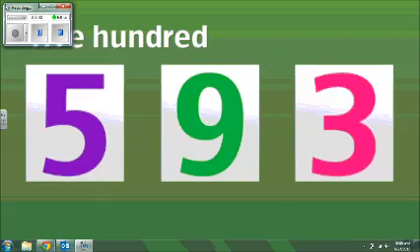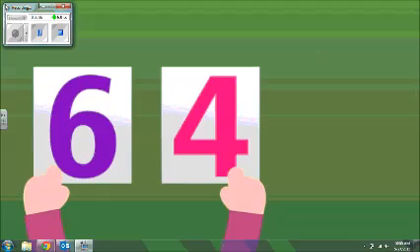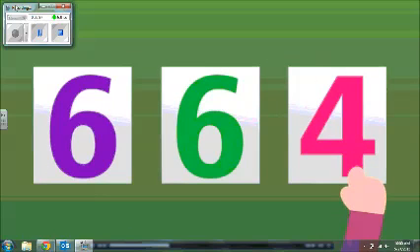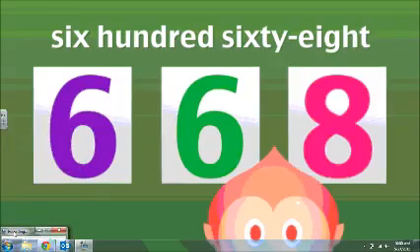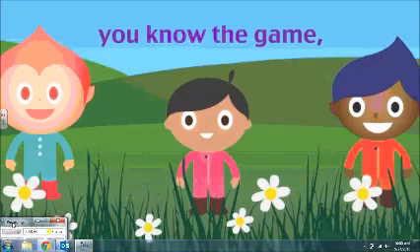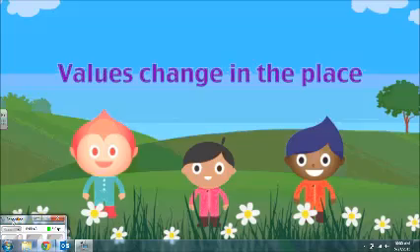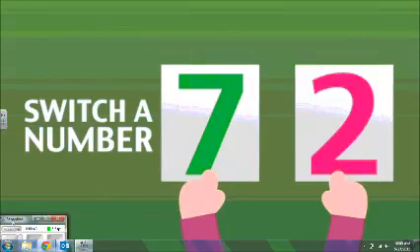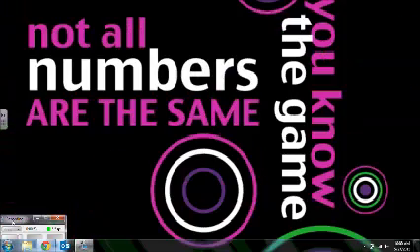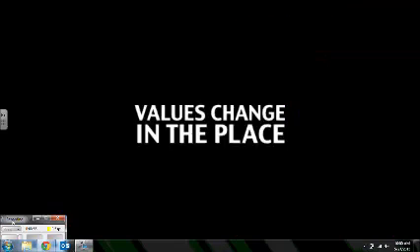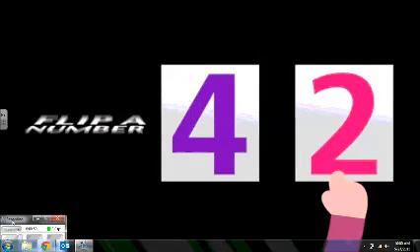That's 593. You could have a 6 in the hundreds place, and a 6 in the tens place, and an 8 in the ones place. That's 668. If you're listening, you know the game. Not all numbers are the same. Values change in the place, okay? We move a number, switch a number, drop a number, flip a number.